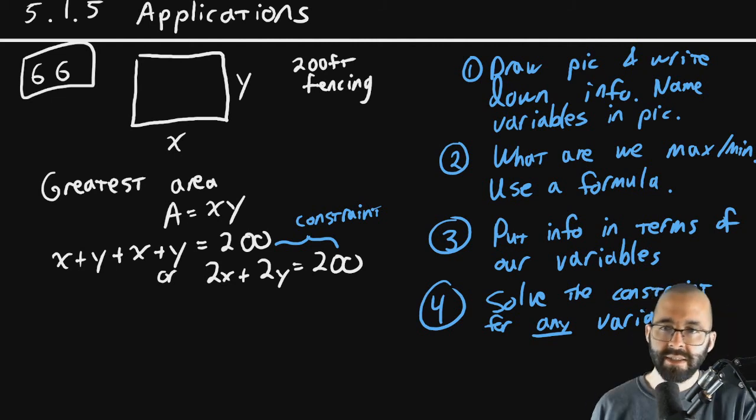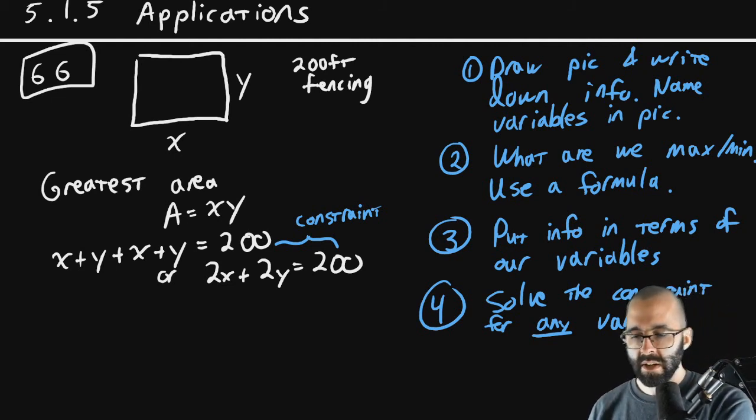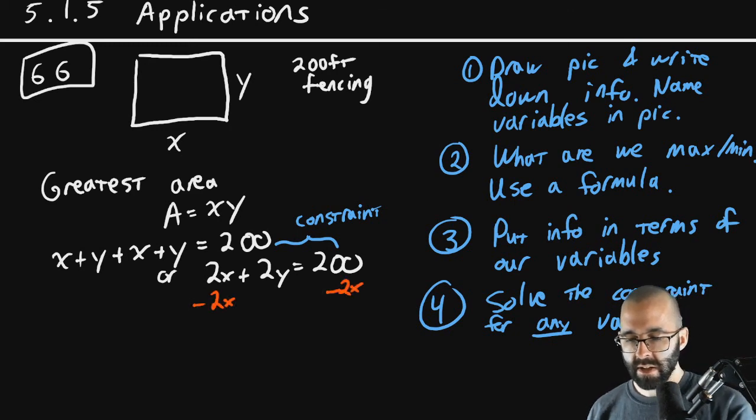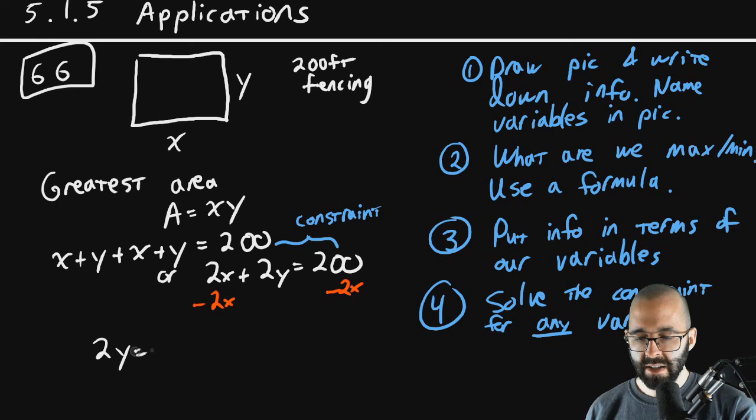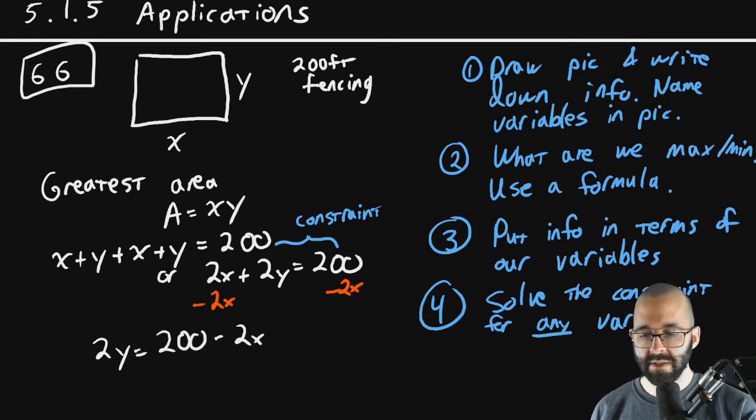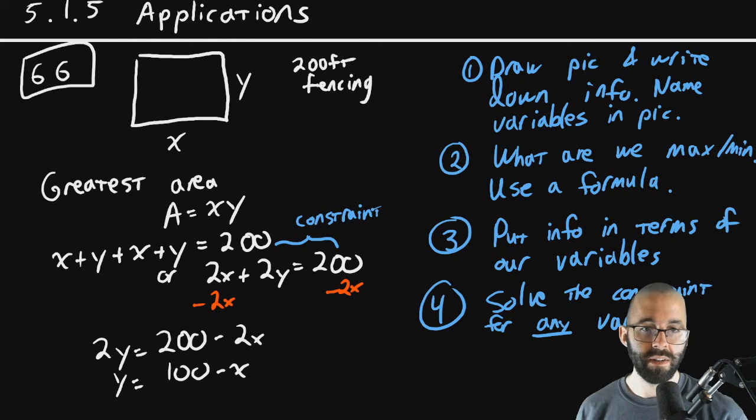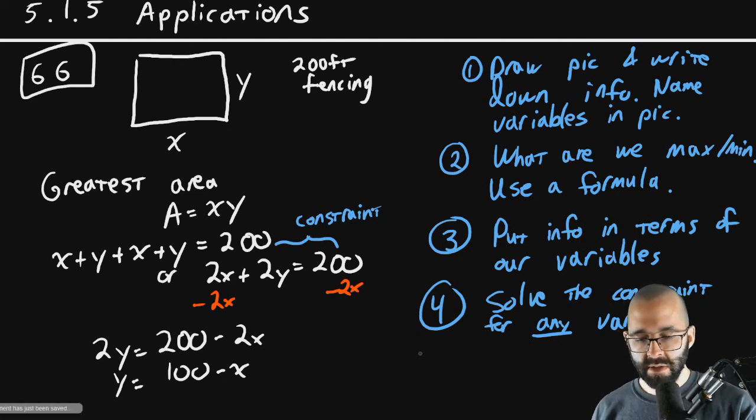I'll solve for y because that's what we have more experience with. So to solve for y, let's subtract 2x from both sides. That's going to give us 2y equals 200 minus 2x. Divide everything by 2, and we get y equals 100 minus x. That's step 4.